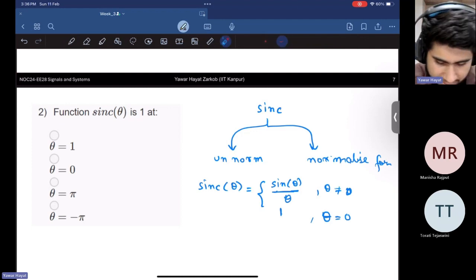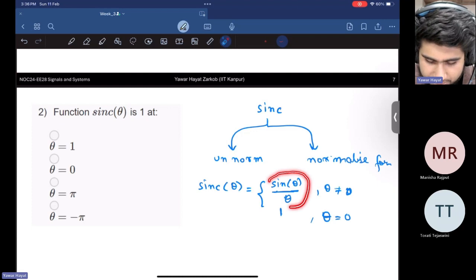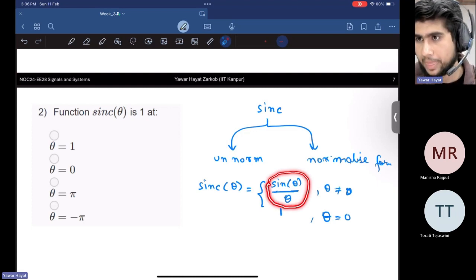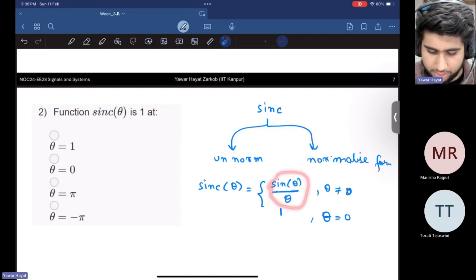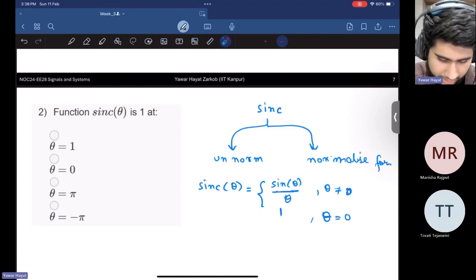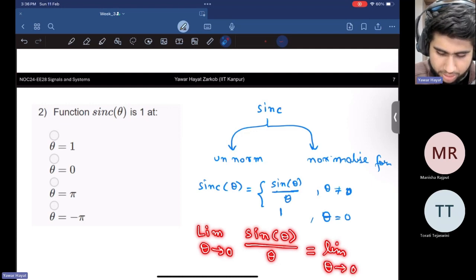Can you see that this 1 is actually the limiting value of this sine of theta by theta? When theta tends to 0, what does sine of theta by theta tend to? I can use L'Hopital's rule. The limit as theta tends to 0 of sine of theta by theta: by L'Hopital's rule, I would differentiate the numerator and denominator.